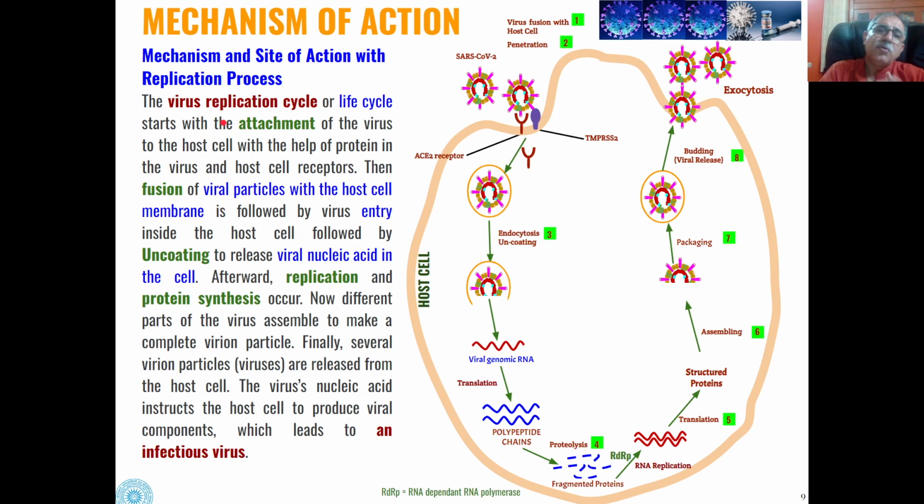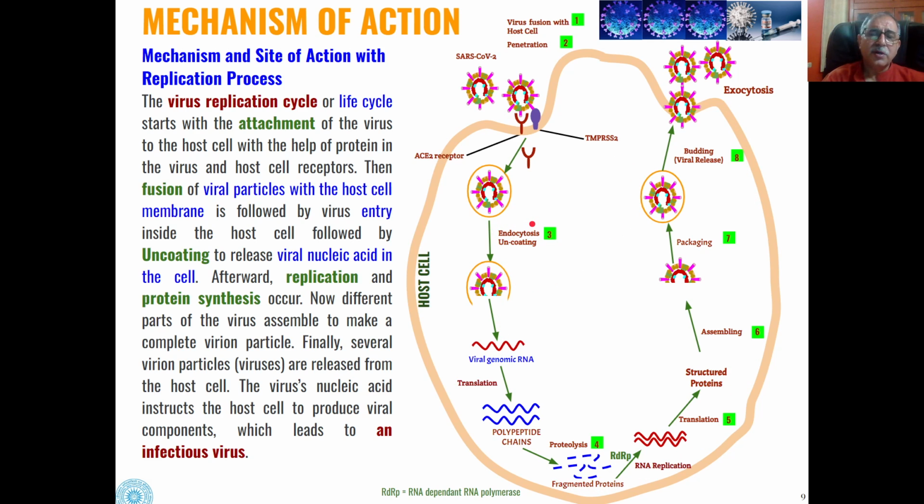Now, how does this virus act in the human body, how does it enter, and what is the mechanism of action for the replication process of this virus in the body? So basically, the viral replication cycle or life cycle of this virus starts with attachment of the virus to the host's human cell.